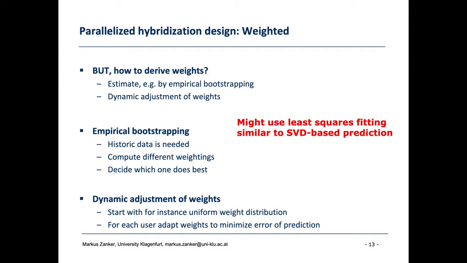The dynamic adjustment is, as it says here, you start with beta sub k all equal to 1, and then we adapt the weights to do some minimum error prediction, and we could do some least squares, some gradient descent type of mechanism for prediction.